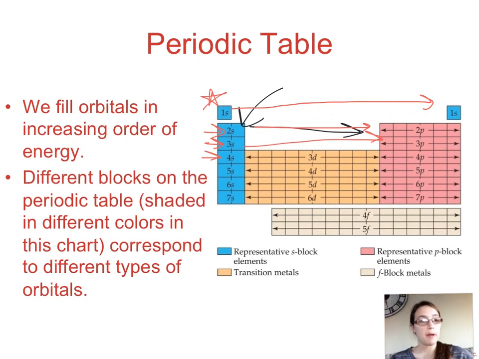If you remember from the energy level diagram that we did in class, the 4s is actually lower in energy than the 3d. So we fill the 4s first, then the 3d, then we go to 4p. This blue represents the s, the pink is the p, the orange is the d, and the tan are the f block elements. This is how we fill energy levels based on the periodic table.